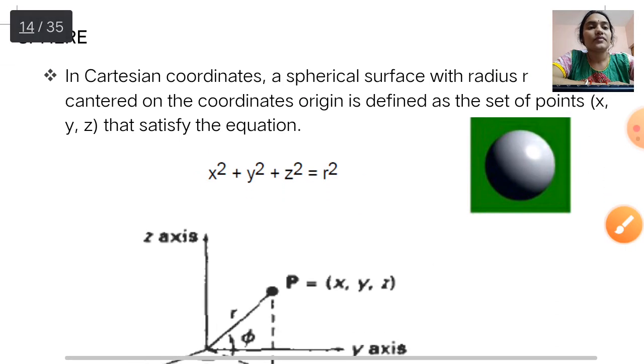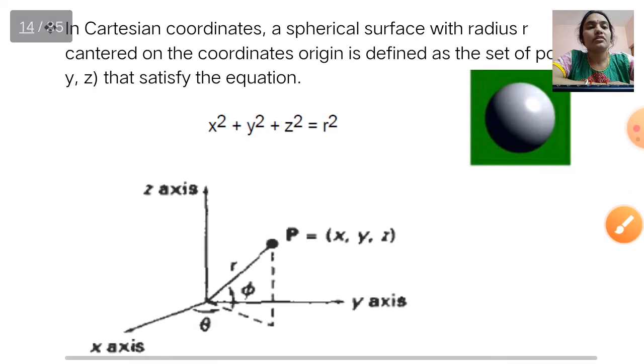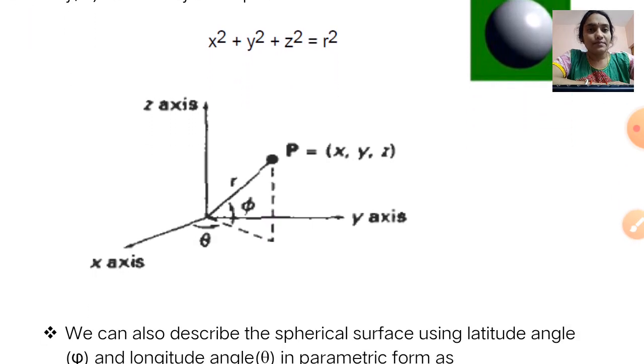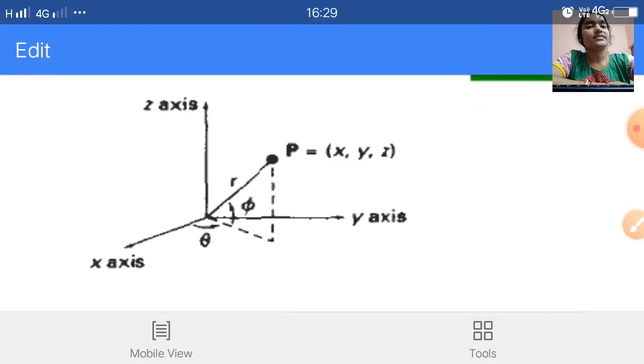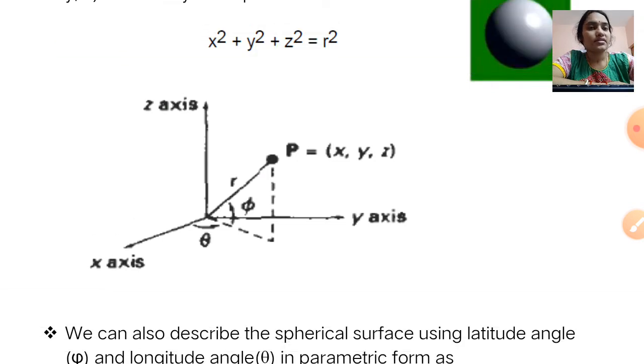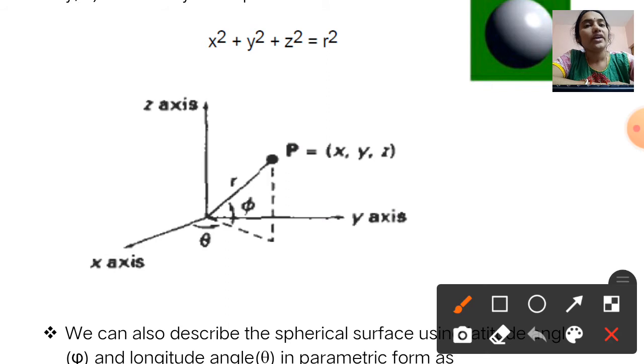Next, this one is an example of a sphere. In two dimensions, this is your x-axis and this is your y-axis.